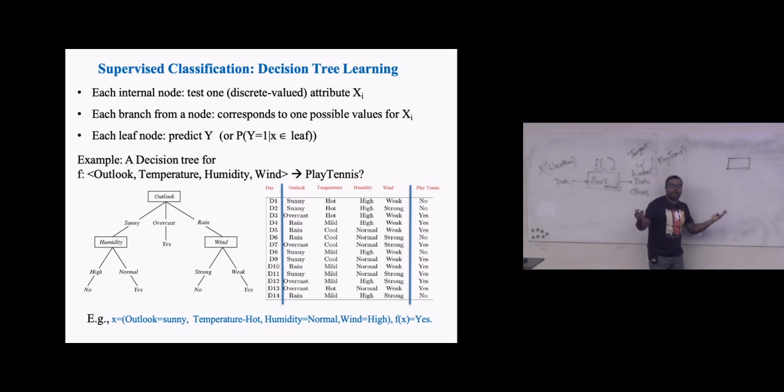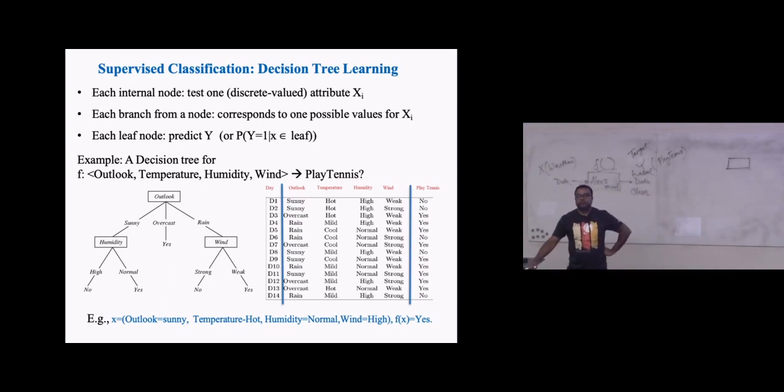Now, if it's a tree, tell me what additional assumption I have to make. Exactly, that my values are going to be discrete. Okay, what is a discrete variable? What is a continuous variable? That is not discrete, right? And then what is discrete? That is what is not continuous, right?